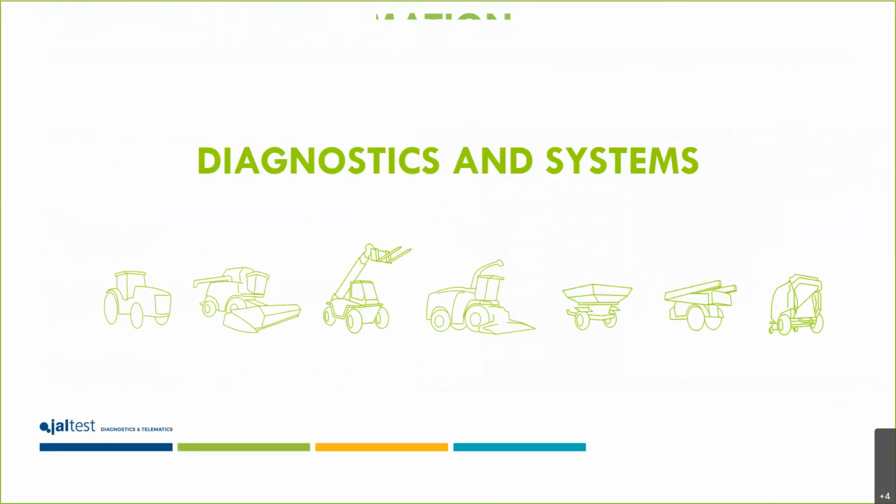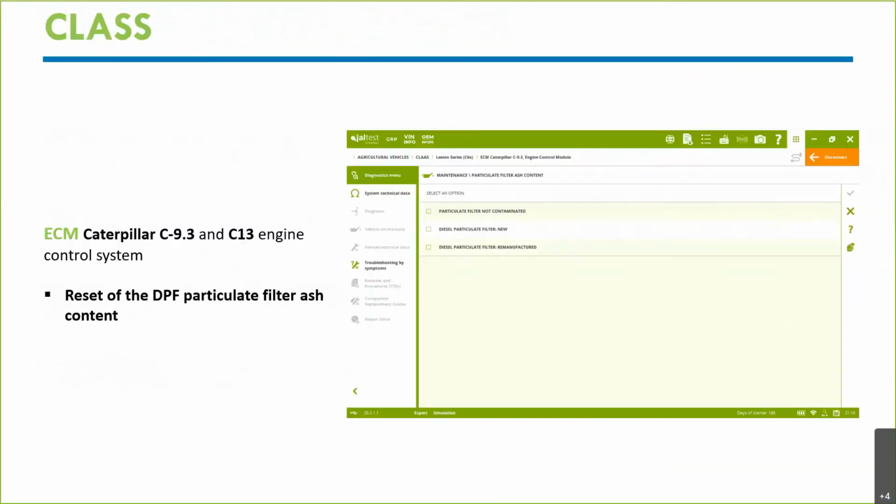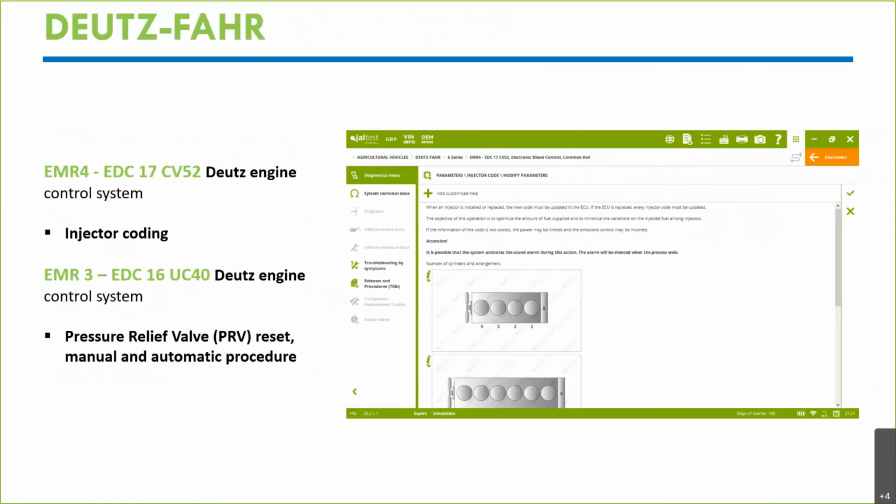When we start talking about the different manufacturers, we start by class. We have a Caterpillar engine, C9.3 and C13. It's Caterpillar actually, sorry about that.